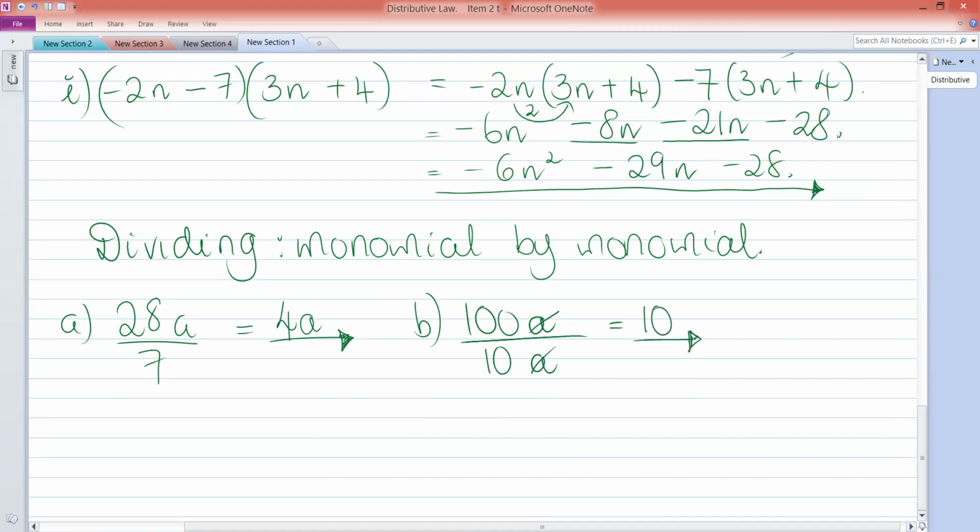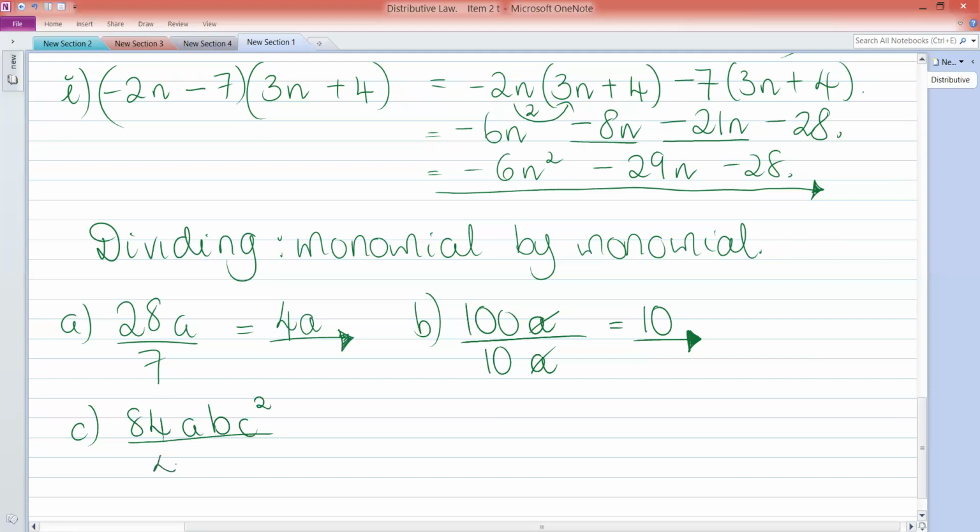Can you see the a's have canceled out this time? Because there's something in the numerator that's also present in the denominator that we can divide by. Does that make sense, loves? Yes, ma'am. Okay.